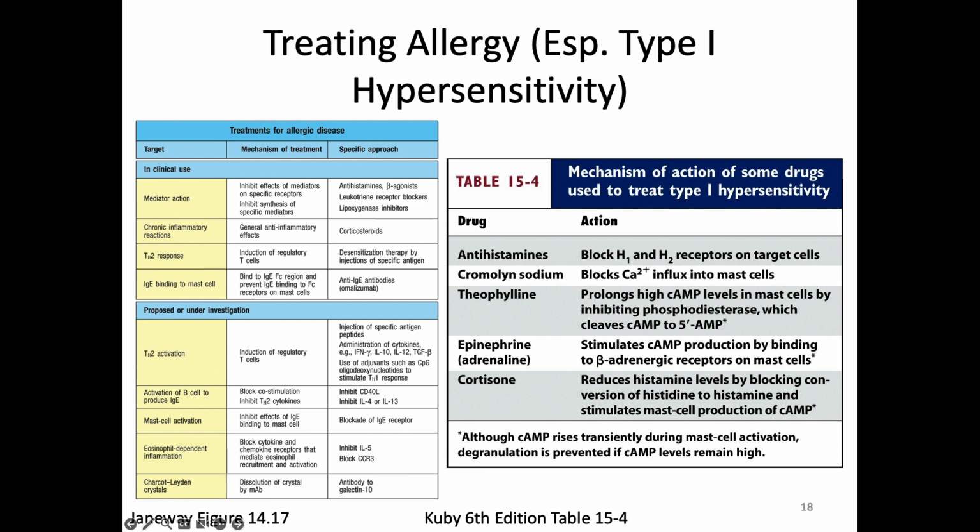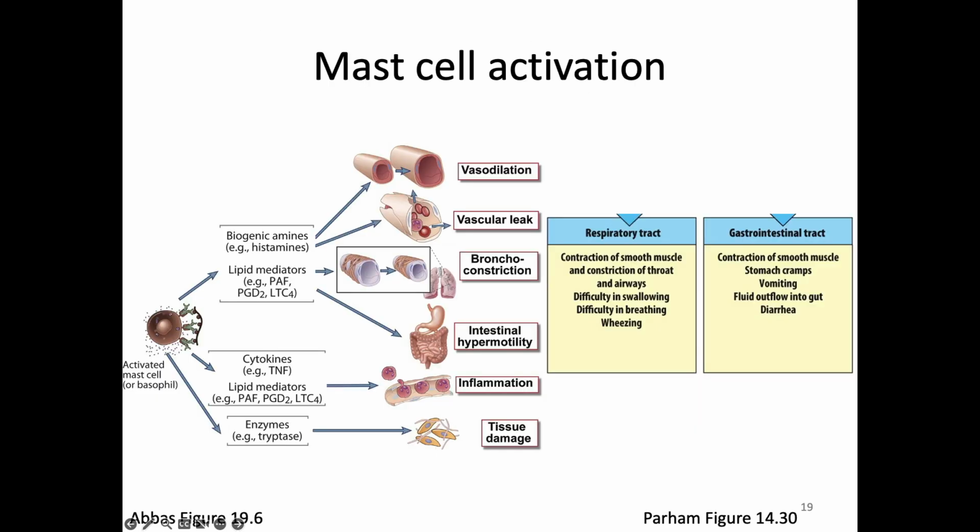One of the big things that we can do to treat allergies is to try to block some of the mediators that the mast cells make. We know in this type 1 hypersensitivity reaction, mast cells are the problem child. So what we do is block some chemical that a mast cell makes.